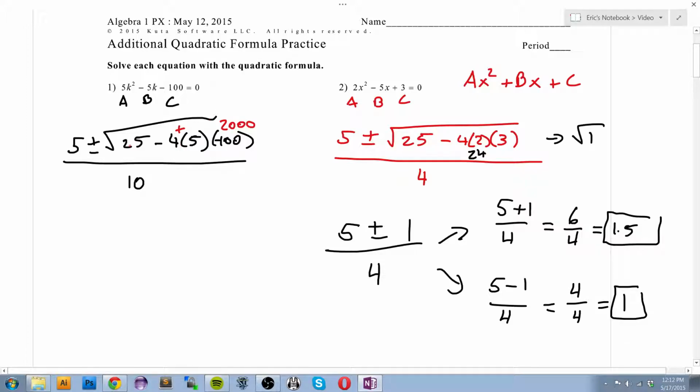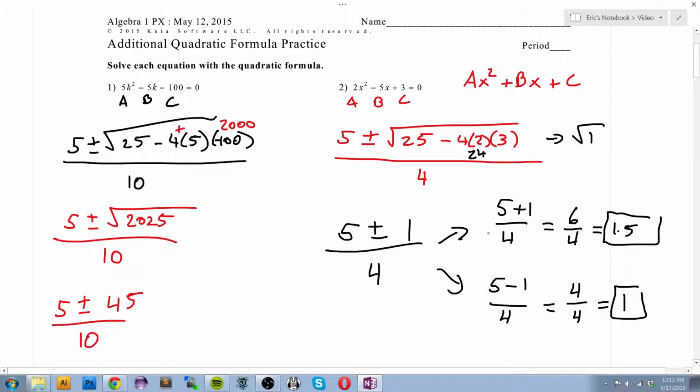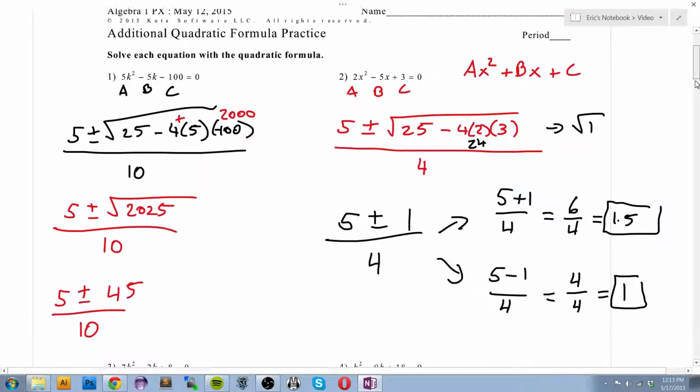So if I have 25 plus 2,000, I would have the square root of 2,025. Now, that's probably not one that you have memorized. That's certainly not one I have memorized, but I remember doing this a week ago. So that would give me plus or minus 45. As I said, short-term memory is a beautiful thing.